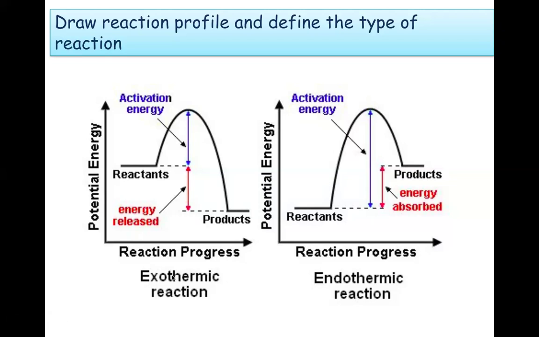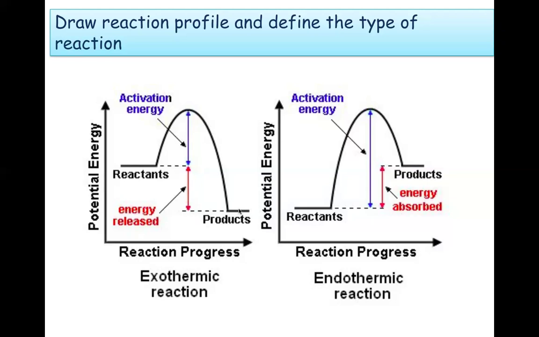With the exothermic reaction, remember we're thinking about our explosion. We start off with our reactants at this particular energy level here. Those reactants need to be given a certain amount of activation energy to get up this hill. And if you give them the activation energy to get up the hill, they can then roll down the hill and form products down here.